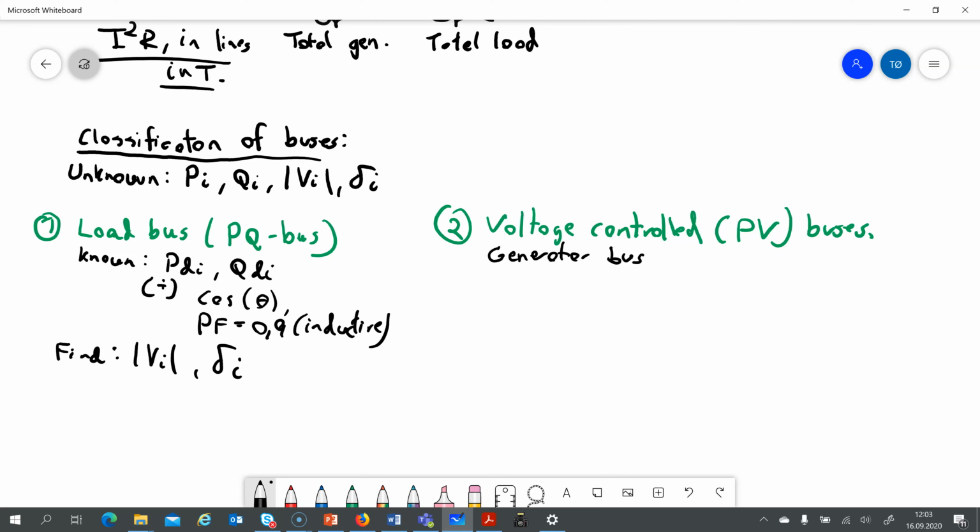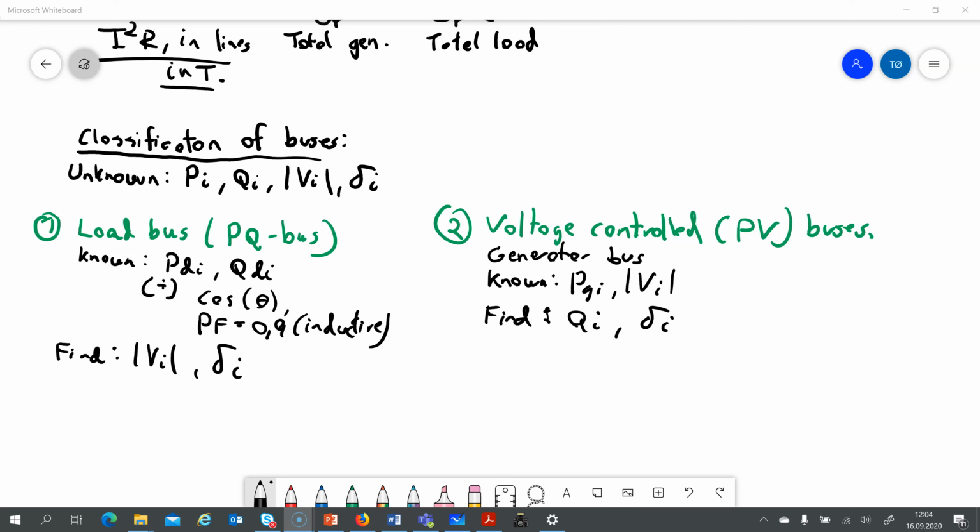The known here is of course the P_i, sorry, and the voltage. And you need to find the Q_i and the angle of the voltage.